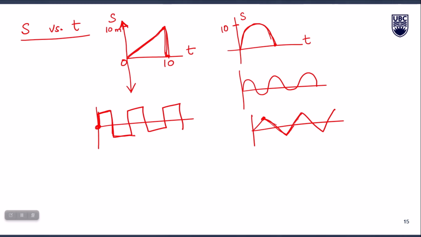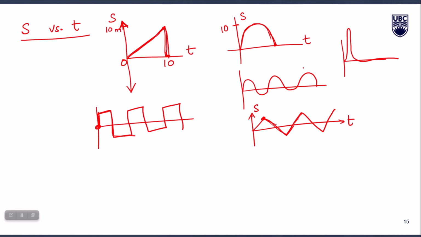So it's like sudden movements towards right and towards left about the origin, which is my location, right? So another S versus T graph. Let's have one or two more. For example, a graph which looks like this.